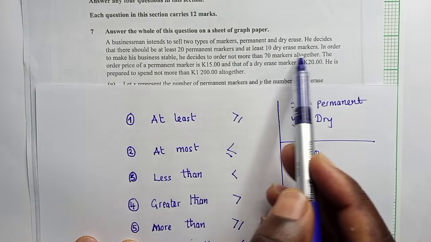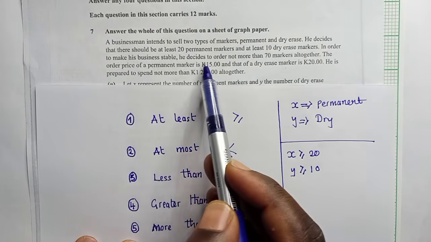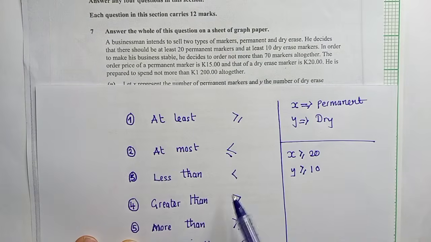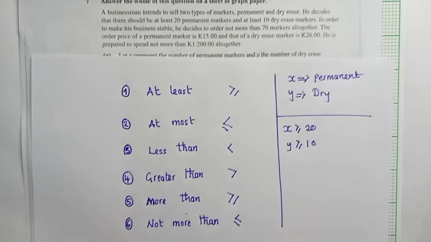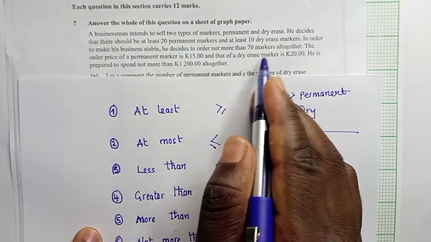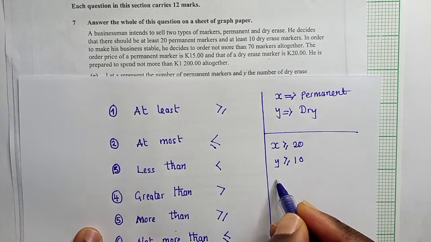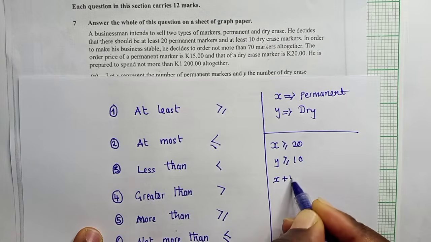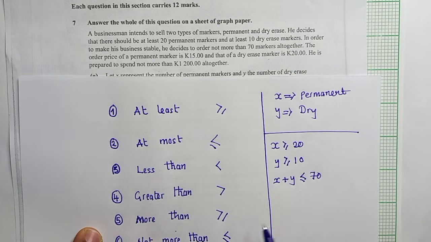But for this other one, they are saying he decides to order not more than. Not more than, where is it? It's right here. This is less. So we're going to say not more than 70 markers altogether. Altogether meaning X plus Y. So X plus Y is less or equal to 70.